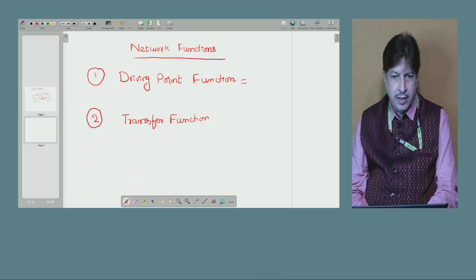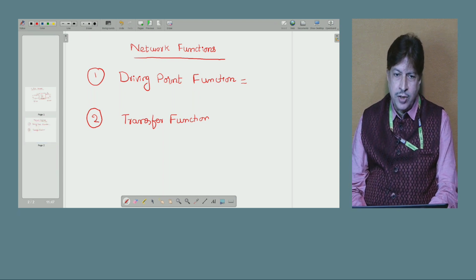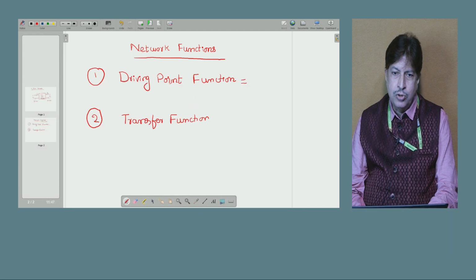In the same manner, whenever the numerator and denominator belong to the output port, we say that function is driving point output function. Suppose numerator and denominator belong to the input port, we say that function is driving point input function.